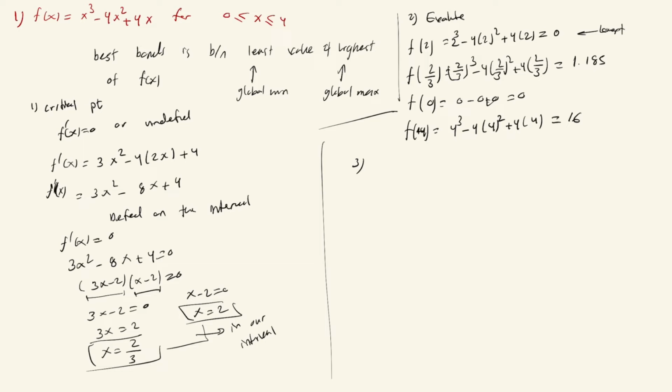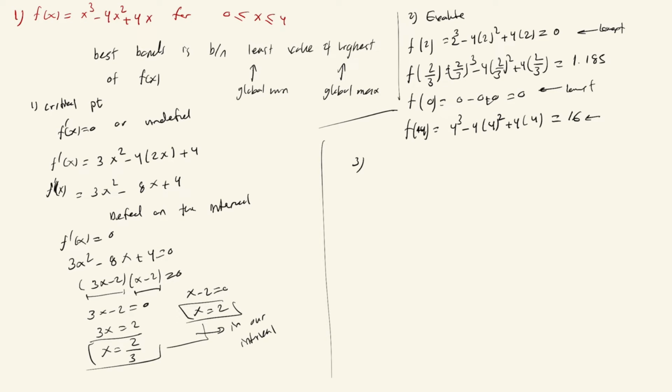The highest value is 16, and that is when x equal to 4. Therefore, at x equal to 2 and x equal to 0, we have a global minimum. And when x equal to 4, we have a global maximum.